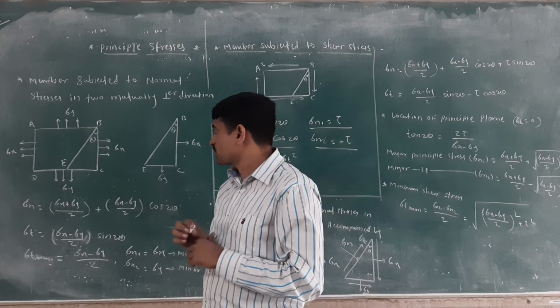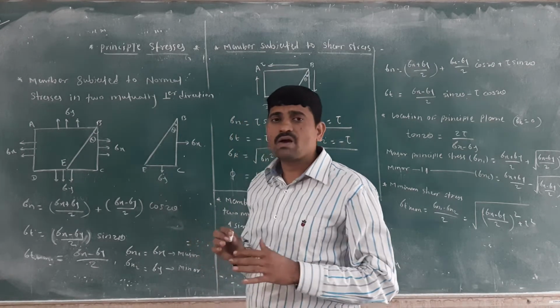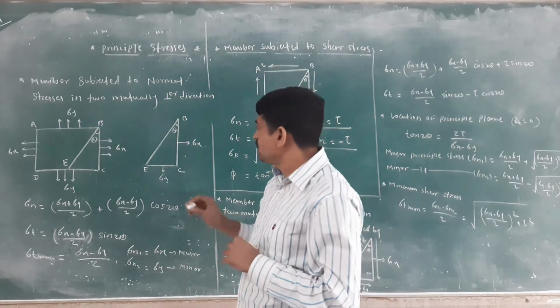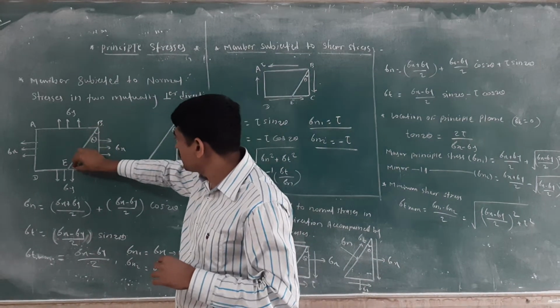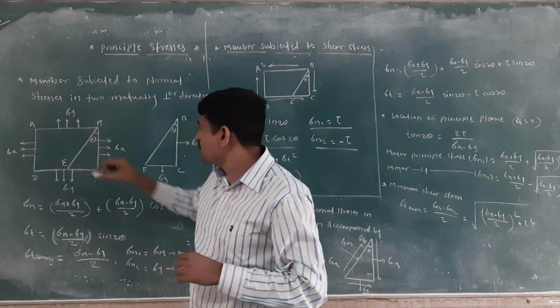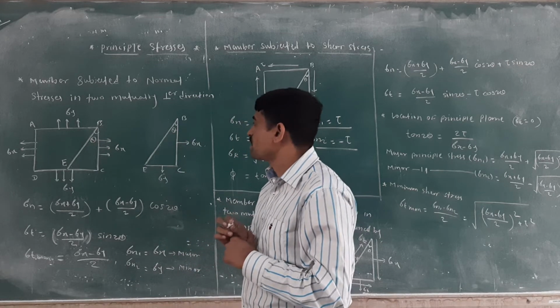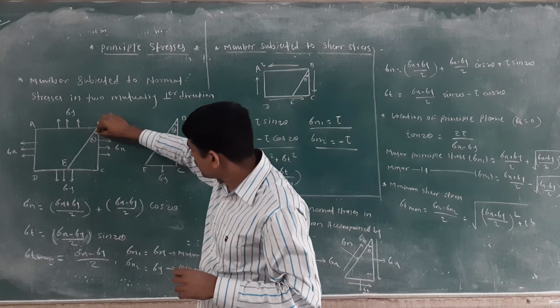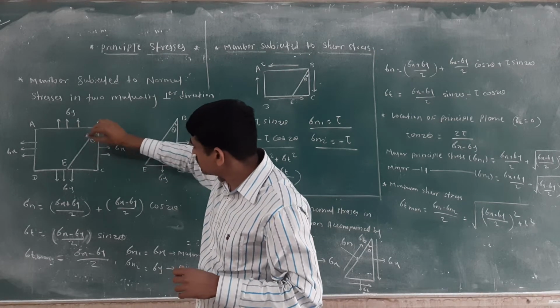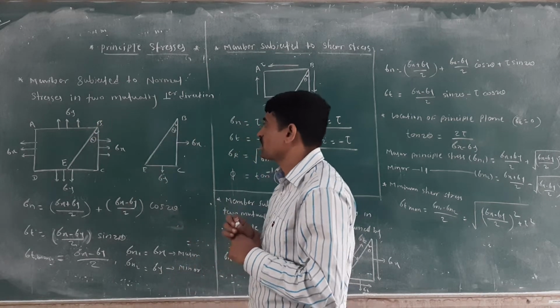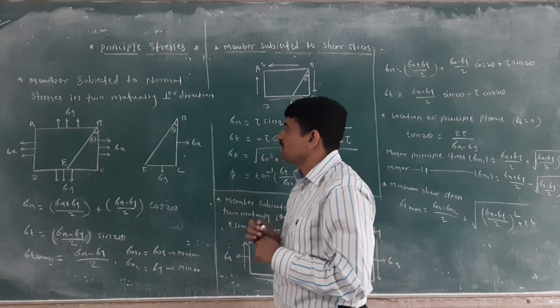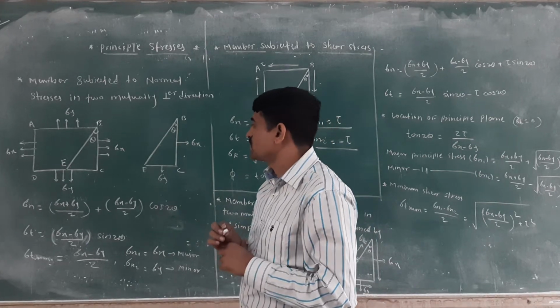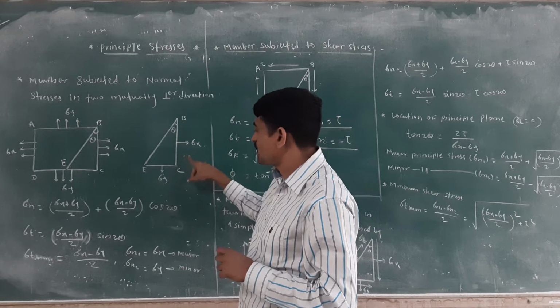Then I have considered one inclined plane, this plane named BE. This BE is making an angle theta with BC, that is, angle EBC equal to theta. Here I have shown.